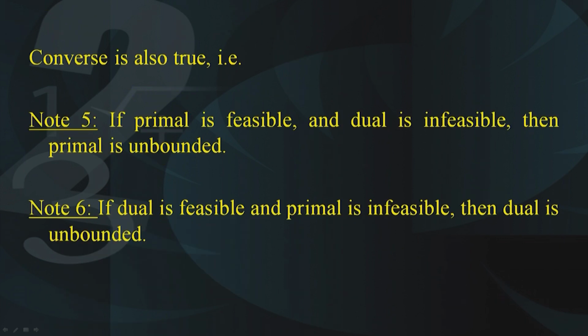What about the converse? The converse is also true. How? Let us look at note 5. If the primal is feasible and the dual is infeasible, then the primal is unbounded, and also if the dual is feasible and the primal is infeasible, then the dual is unbounded.